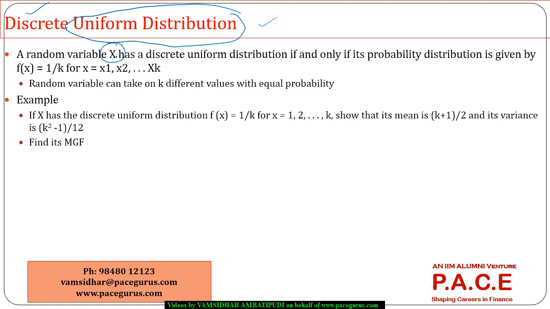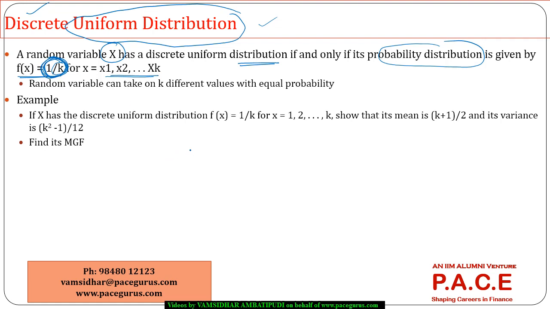A random variable x is said to have a discrete uniform distribution if its probability distribution is given by f of x equal to 1 by k, where k is a constant, for x equal to x1, x2, x3, and so on up to xk. In other words, the probability should be the same for all the observations, 1 by k.